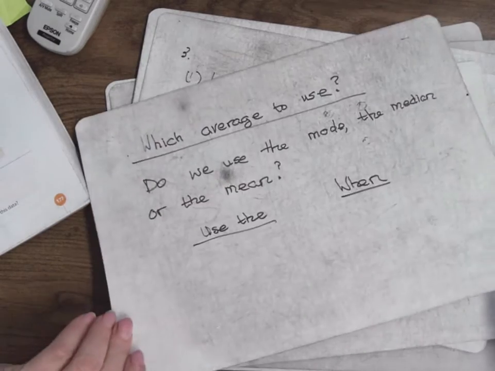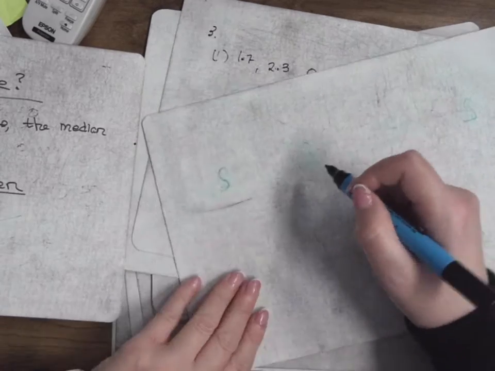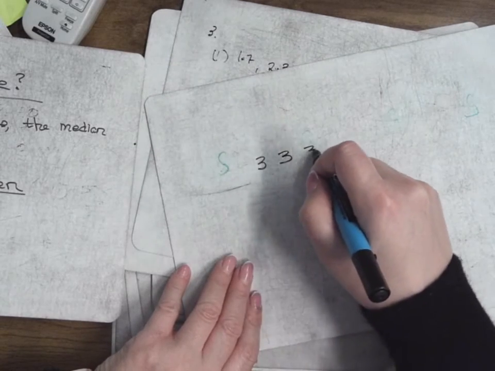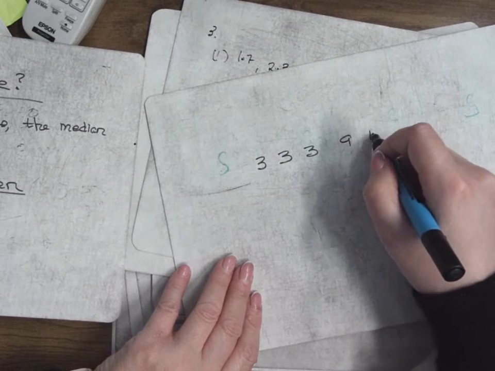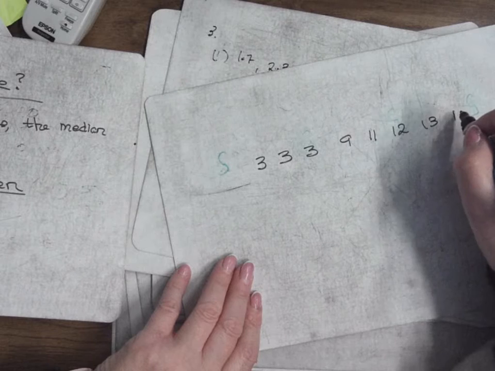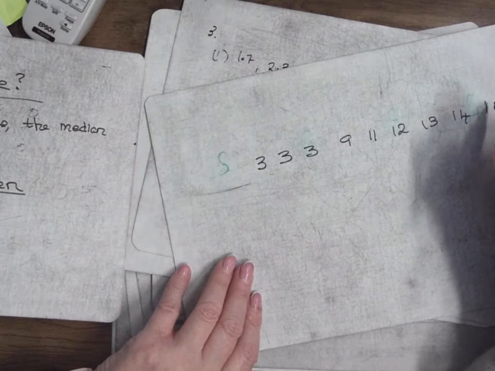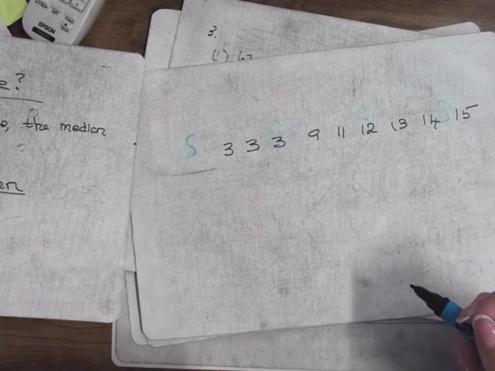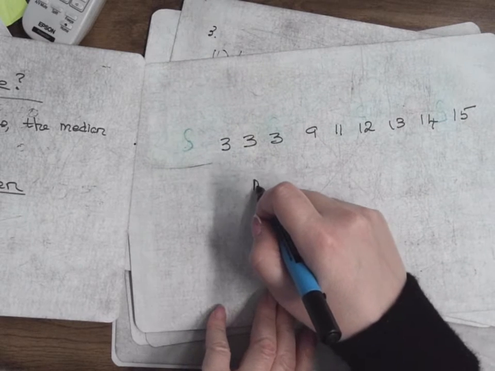Just bear with me a minute. If I was doing the people at a party, 3, 3, 3, 9, 11, 12, 13, 14, 15. There's all the people at the party. So I want to know kind of the middle. What would the mode be here?